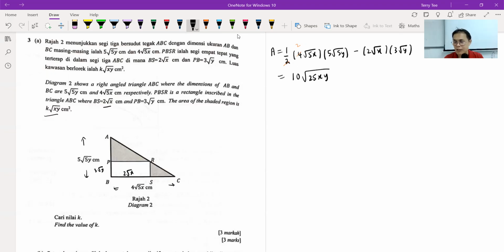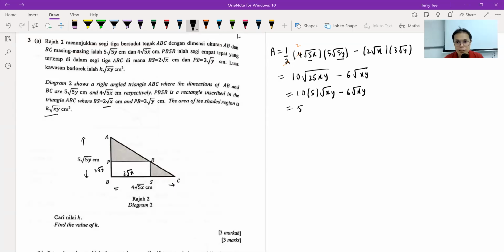Actually, you can just write 5 surd xy. I just showed you the slow way. Surd 5x times surd 5y is surd 25xy. We can actually change this to 5 surd xy. Okay, never mind. Let me write this step by step. 2 times 3 put together, you get 6. Surd x times surd y is surd xy. So this is 10 times square root of 25, which is 5, surd xy, minus 6 surd xy.